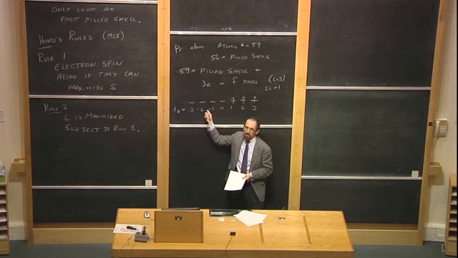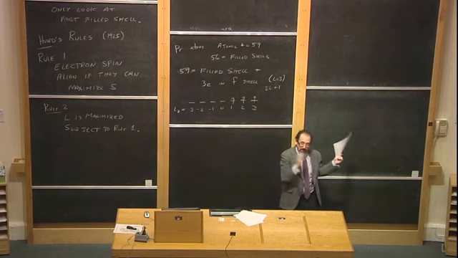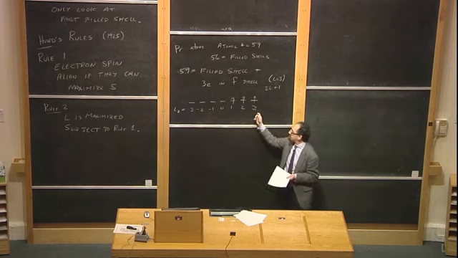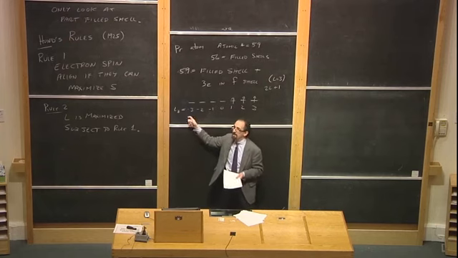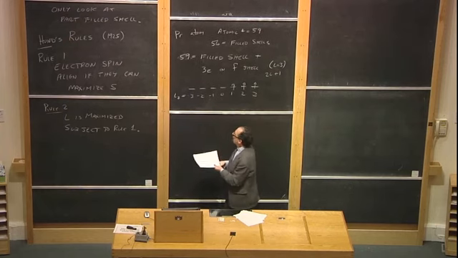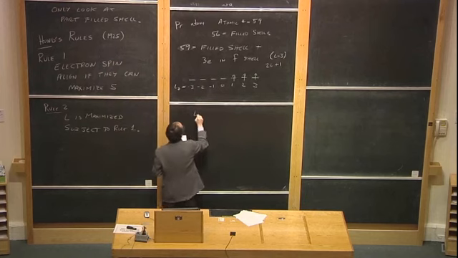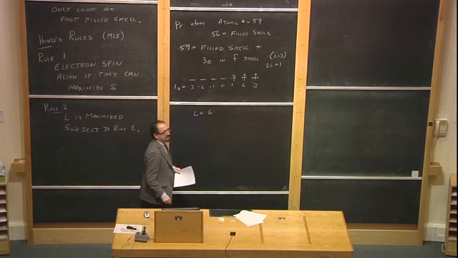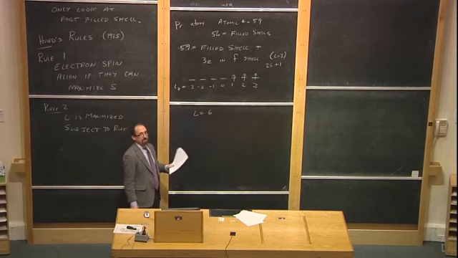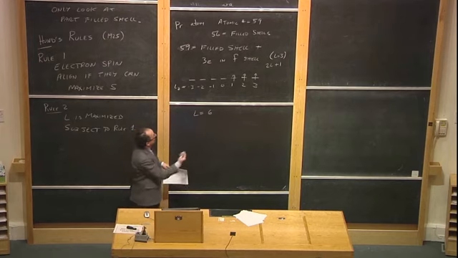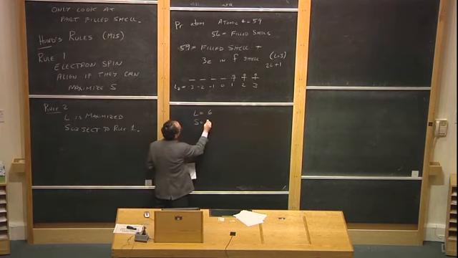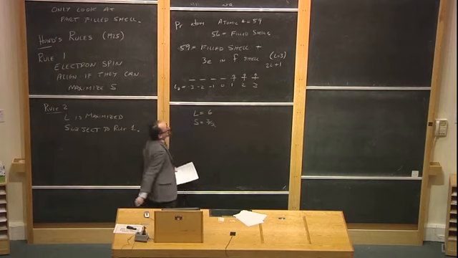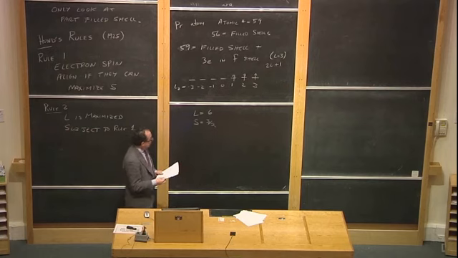So if the largest Lz is plus 6 and the smallest is minus 6, L equals 6 in this case. Good? Now, we can also write down S immediately: 3 spins all aligned is S equals 3 halves.